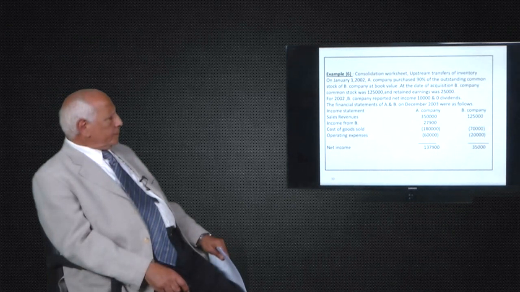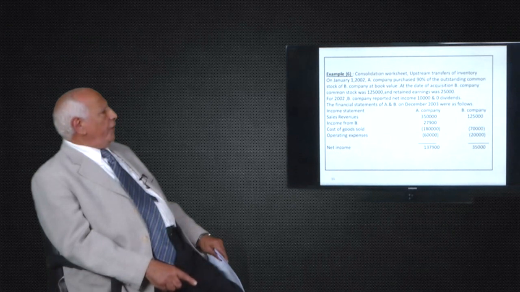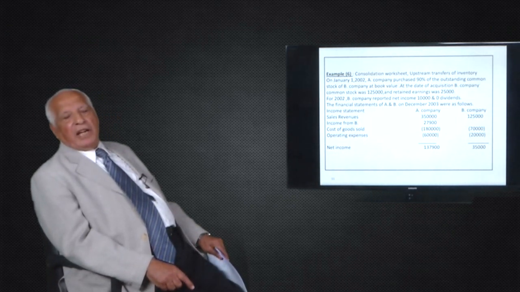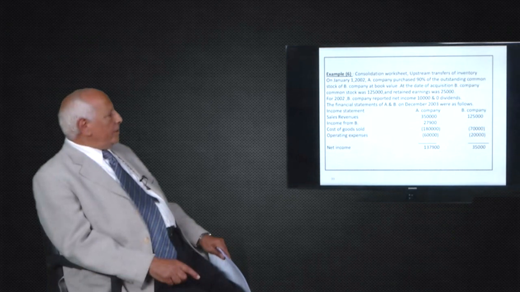Okay. In this example, that's a difference. He gave you financial statements. Look at this one. Example 5, he gave you the trial balance. Example 6, he gave you financial statements. Start with income statements for company A and company B: sales revenues, plus income from B, cost of goods sold, operating expenses.